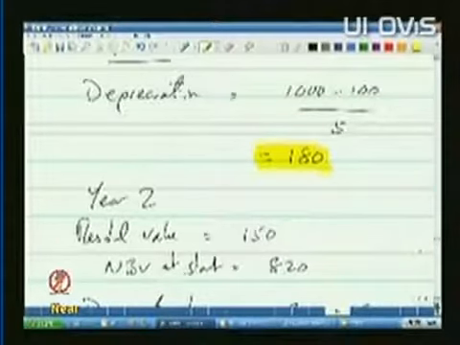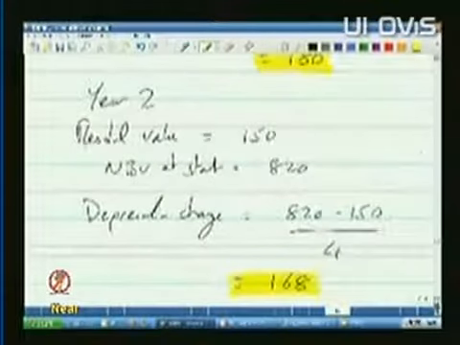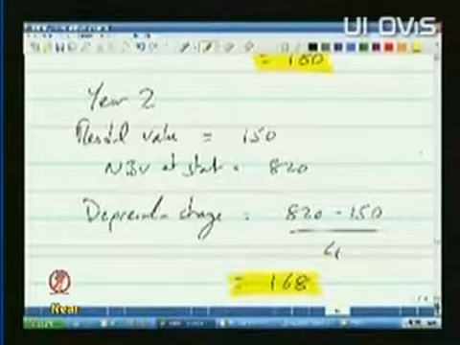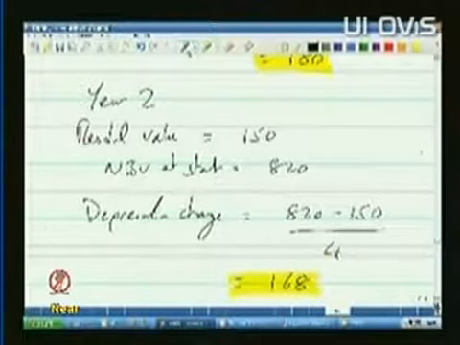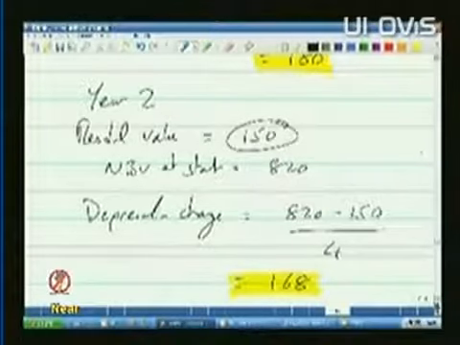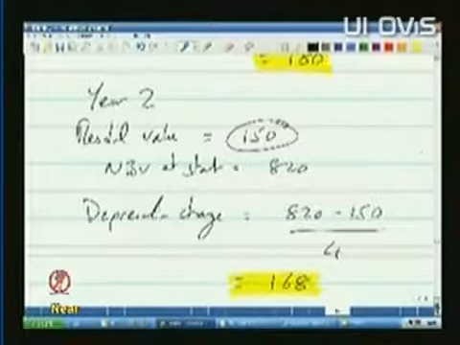However, having charged 180 in the first year, we then get to year 2, where we ask, what is the residual value at the end of year 2? So at the end of year 2, we say, in 4 years' time we'll sell this asset. How much will we sell the asset for? And the residual value is assessed at 150. Therefore, we need to depreciate this asset from whatever its value is now down to its new residual value of 150 over the remaining life.